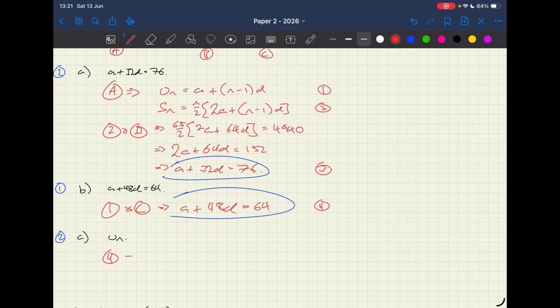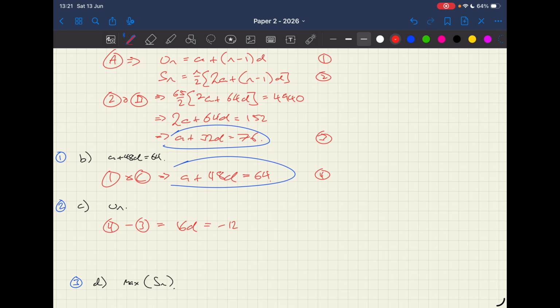So equation 4, take away equation number 3. What does that give us? Well, this take away this is going to be 16 lots of d. And this take away this is negative 12. So what do we get? We end up with that d is going to be minus 3/4.